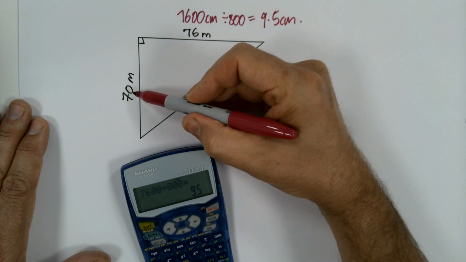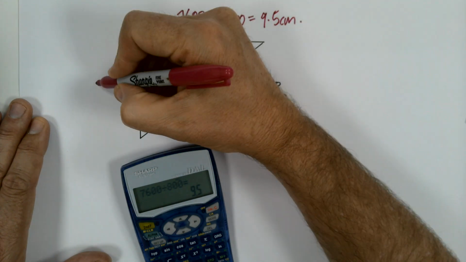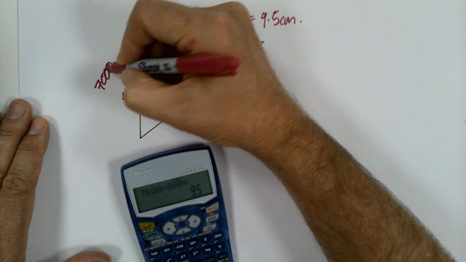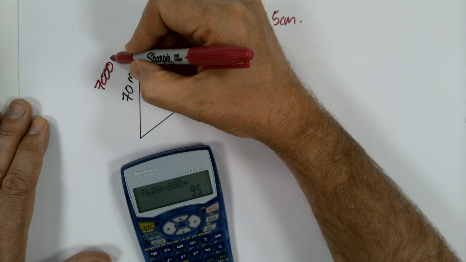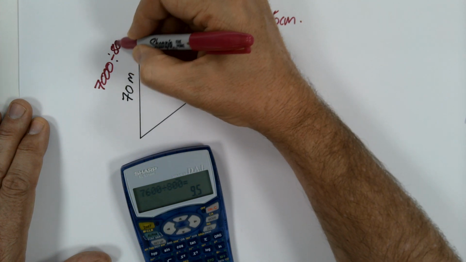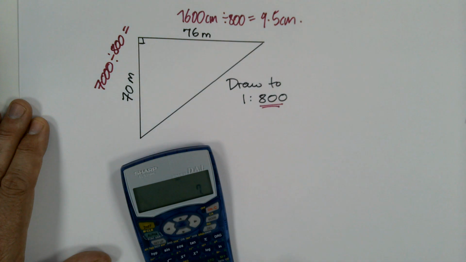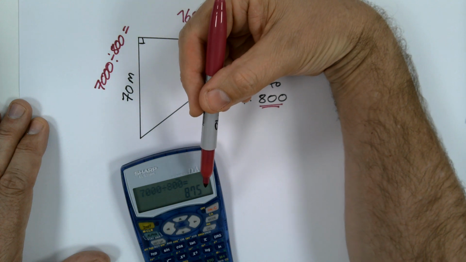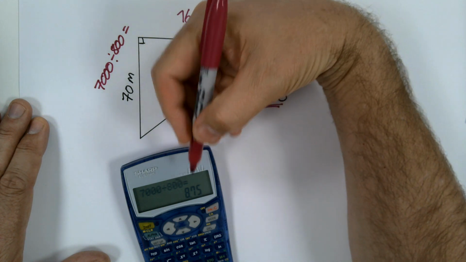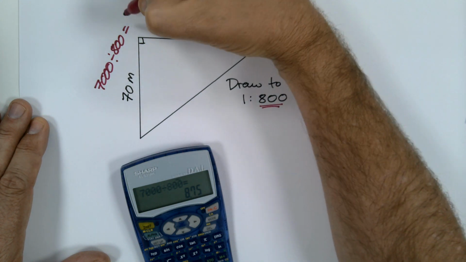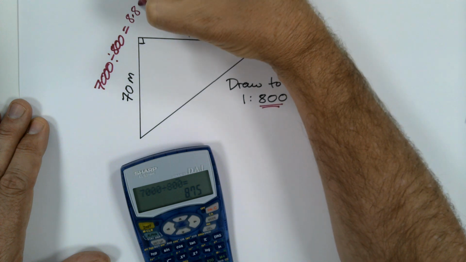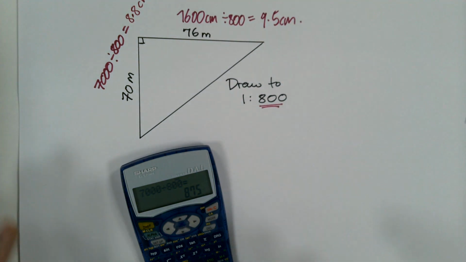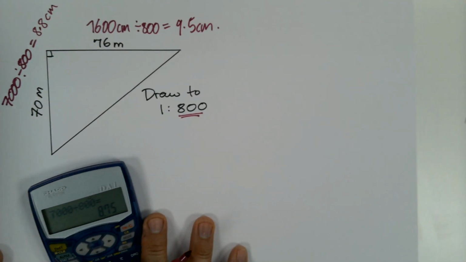This one here, it's going to be 7,000 because it times it by 100, divided by 800. We can't go to 7.75. I'm going to call it 8.75. I'm going to go to 8.8 because to the nearest millimeter is as good as we're going to get. Just move that to the side there.